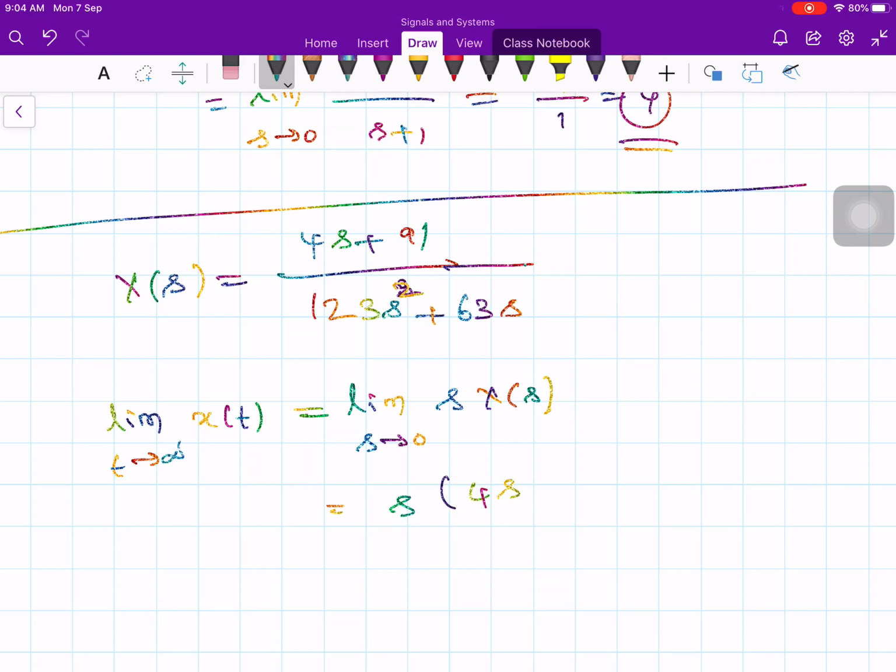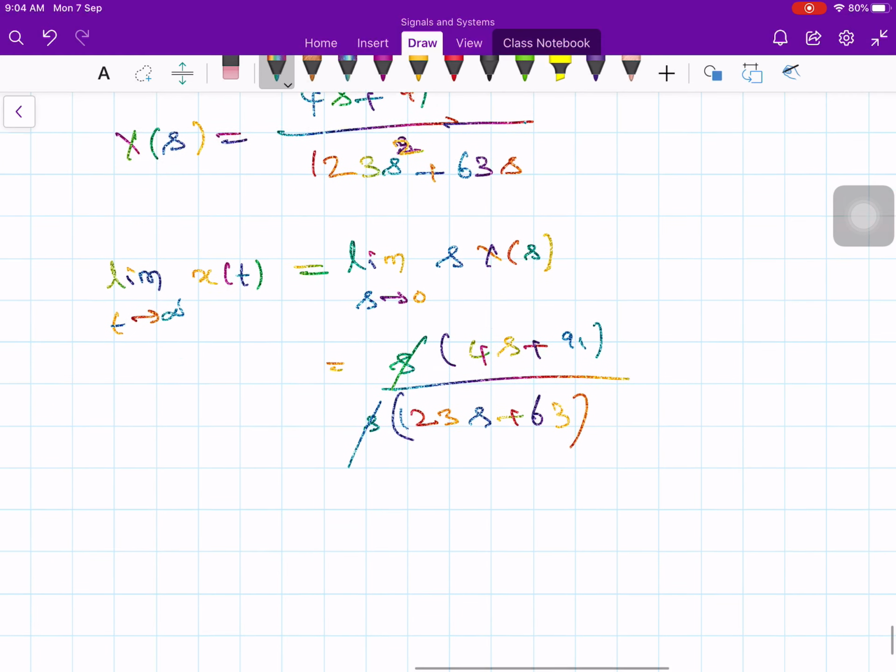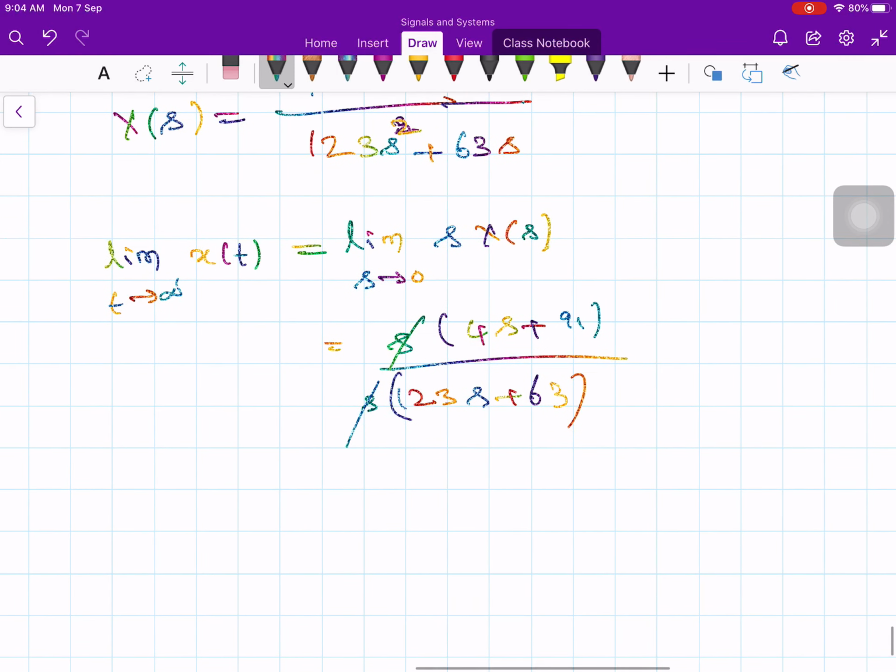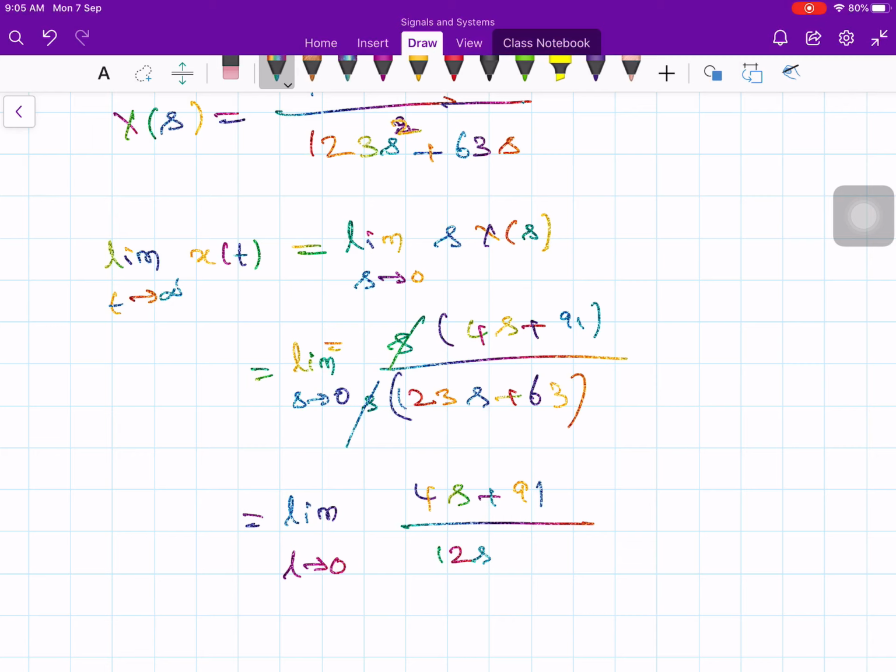In the denominator I can take s commonly outside, so s times 123s plus 63. This s and that s will get cancelled. Now limit s goes to 0, 4s plus 91 divided by 123 s plus 63.